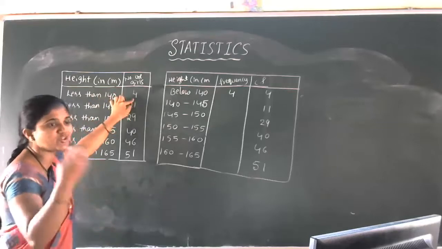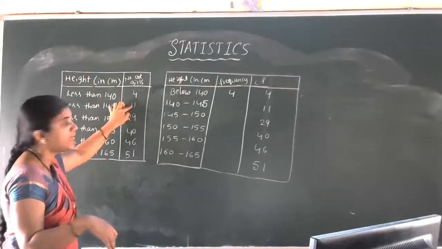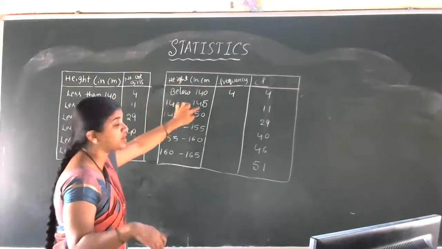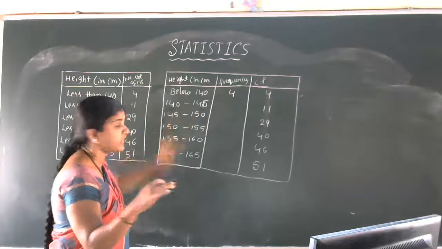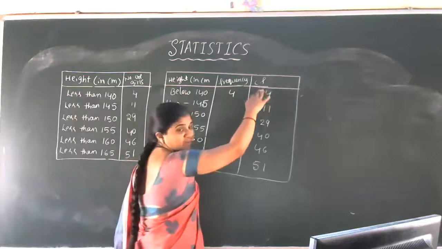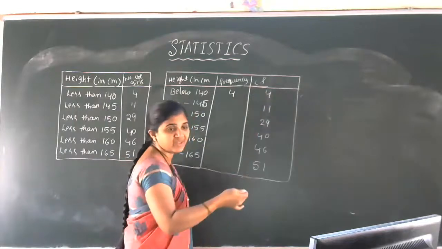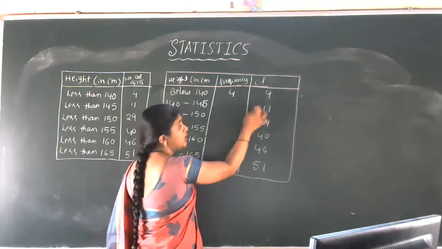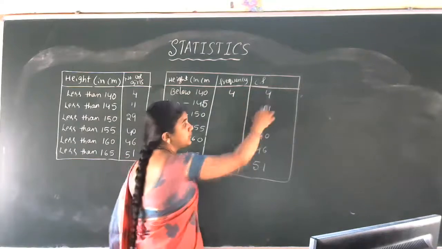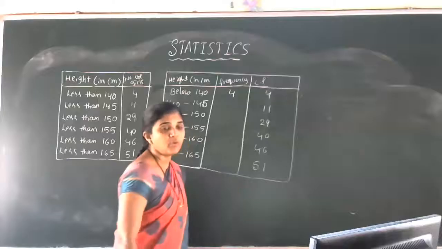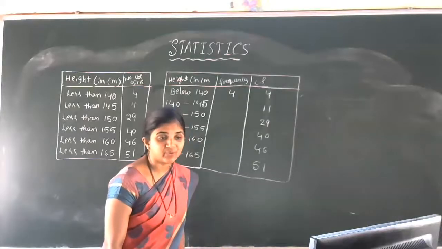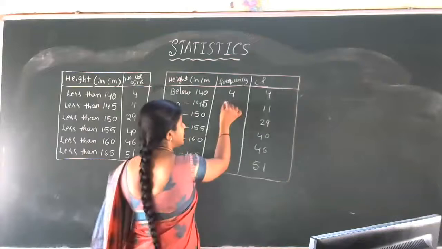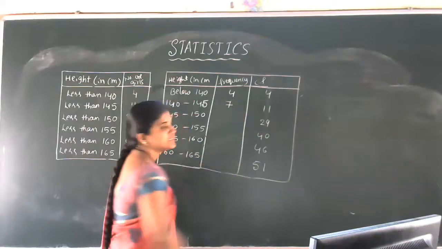These 4 members are also in the 11 members group. But here we need only the 140 to 145 range, so we don't want this 4. What do we have to do? 11 minus 4. What is the answer? Yes, the next frequency is 7.